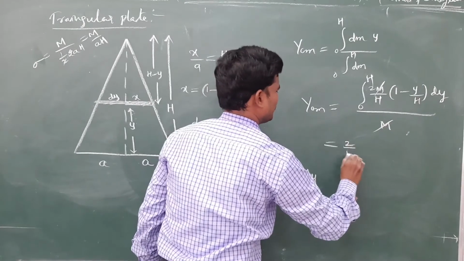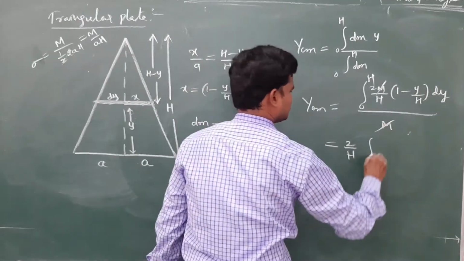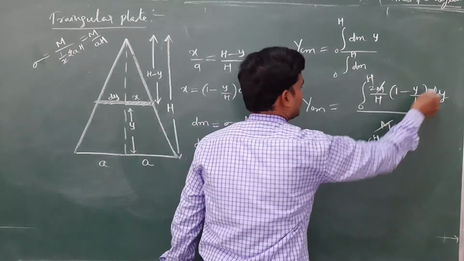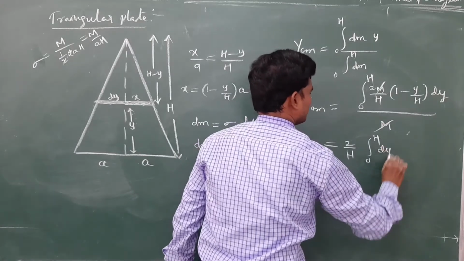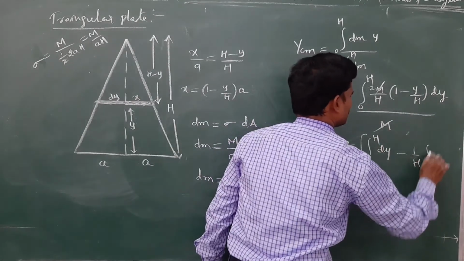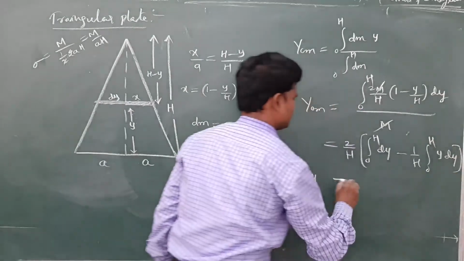So 2 by h outside, and this is the integral from 0 to h of 1 into dy minus 1 by h times the integral from 0 to h of y dy.